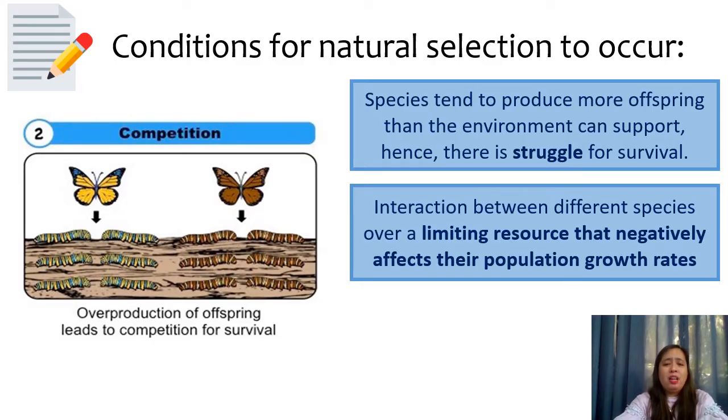There is a struggle for survival because the environment could not keep up with the needs of these organisms, simply because of limiting resources. Limiting resources could negatively affect the population growth rates.